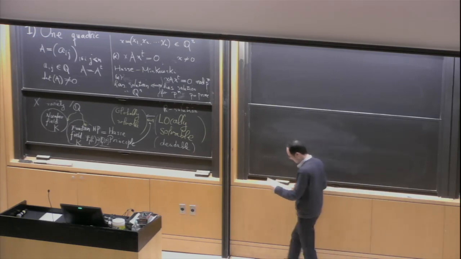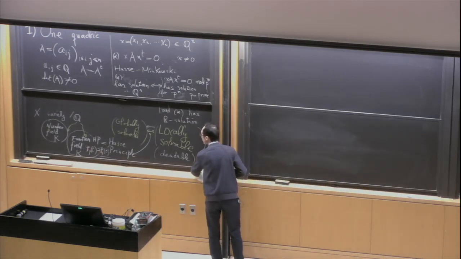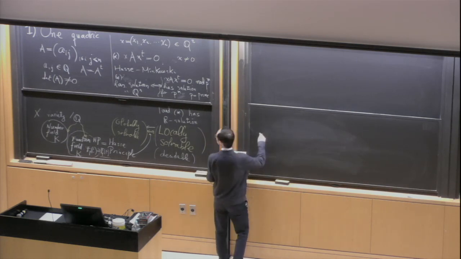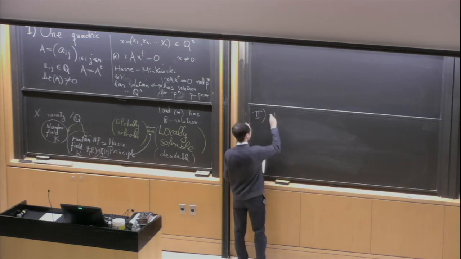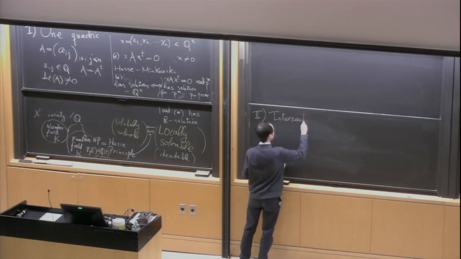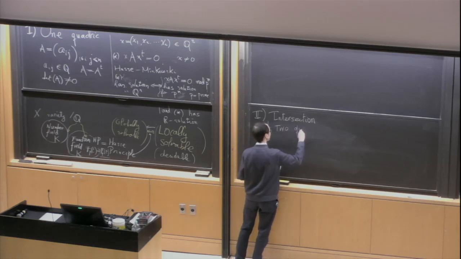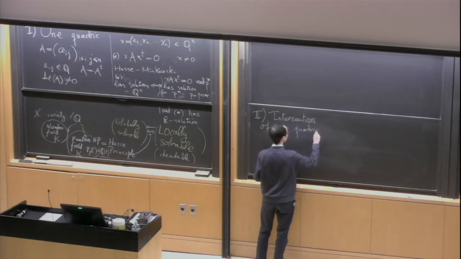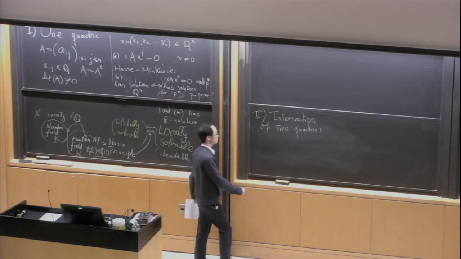So this is well understood. We'll now move to the intersection of two quadrics. The Hasse principle actually fails when you move to two quadrics.